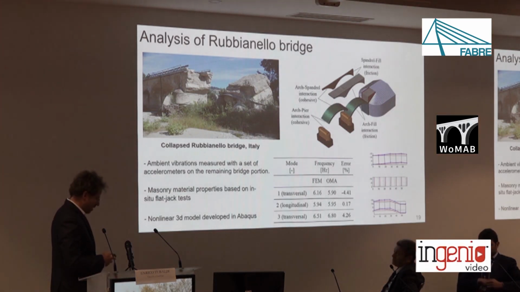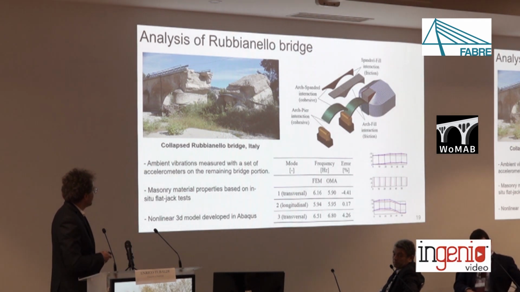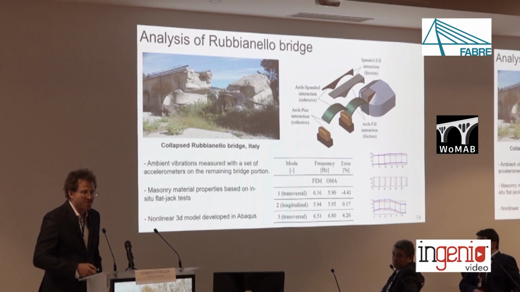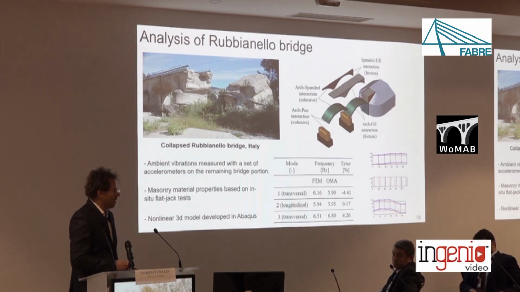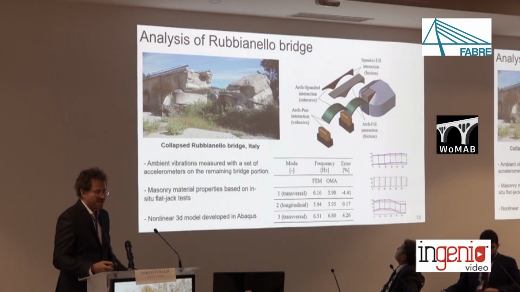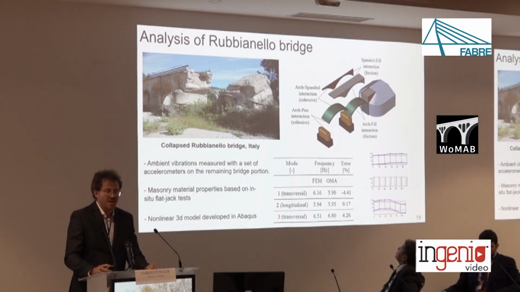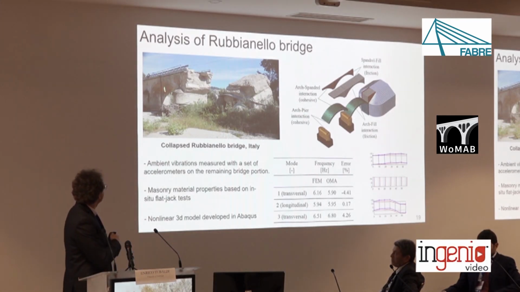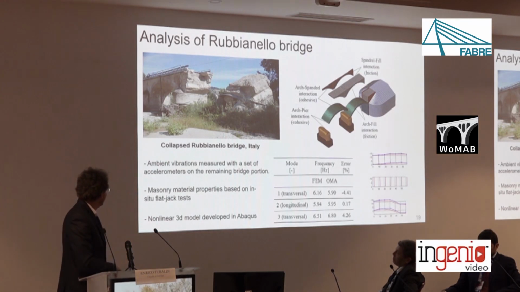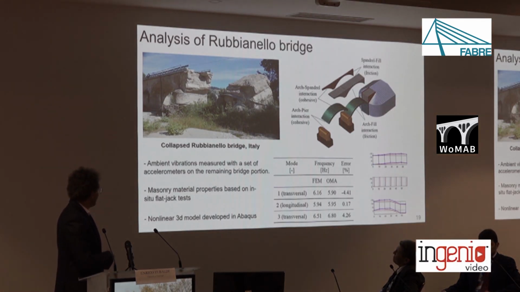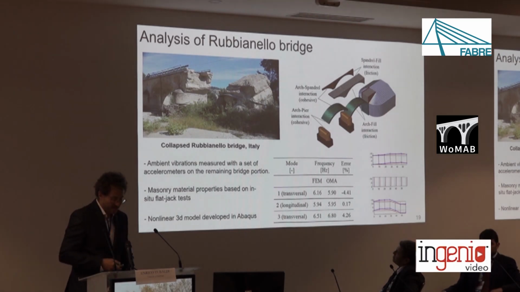For this study, we used a model developed in Abaqus with a homogenized approach for the masonry components, calibrated and validated against experimental modal analysis results carried out by placing some accelerometers on the remaining bridge portion, and the model was also calibrated by carrying out some flat jack tests, again on the remaining portion of the bridge.